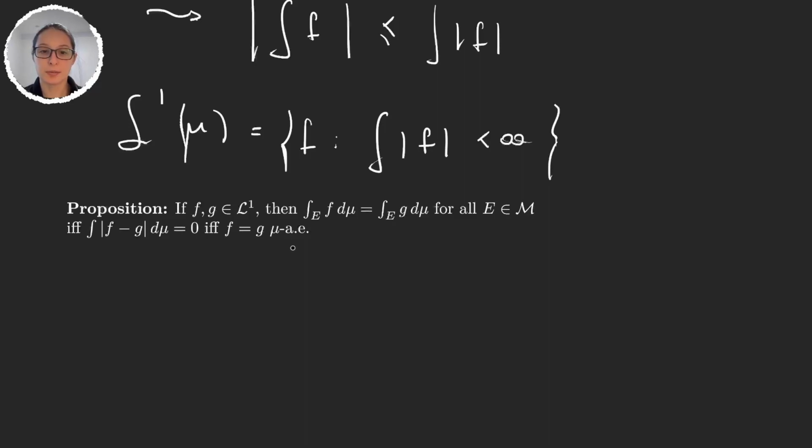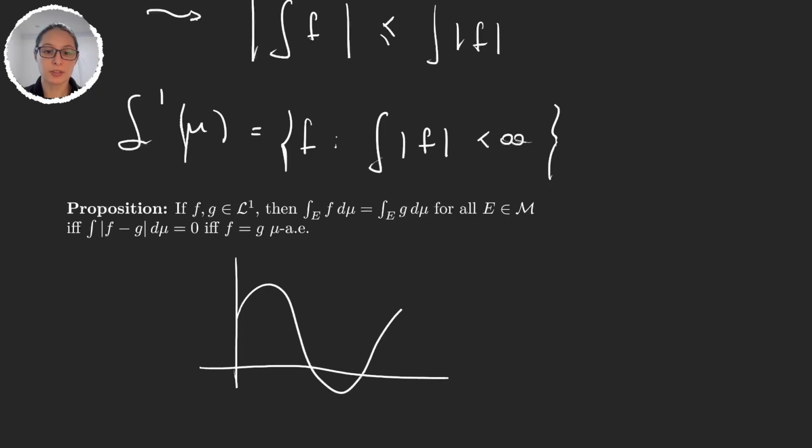Now, why is this important? Well, let's say that we have a function f, and let's suppose that this set here is some set A with measure 0. When a set has measure 0, my measure doesn't even know that it's there. So integrating on that set is meaningless. It doesn't affect the integral at all.